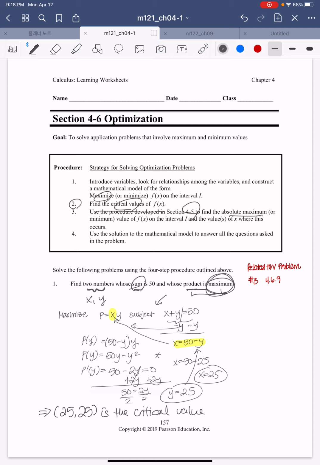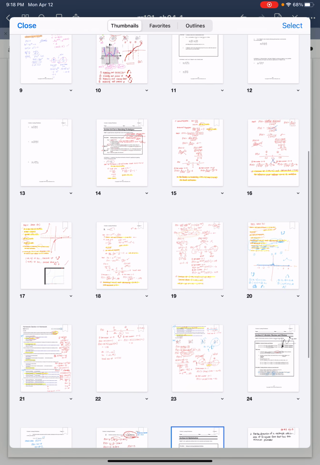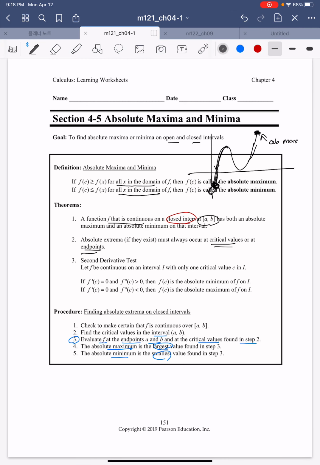Since we are looking for a maximum, we'll look at the absolute maximum test. So pulling out 4.5 notes, we found the absolute maximum by having the first derivative at our critical value equal to 0, and then f double prime, the second derivative of the function at the critical point, is negative. Then we call that the absolute maximum.